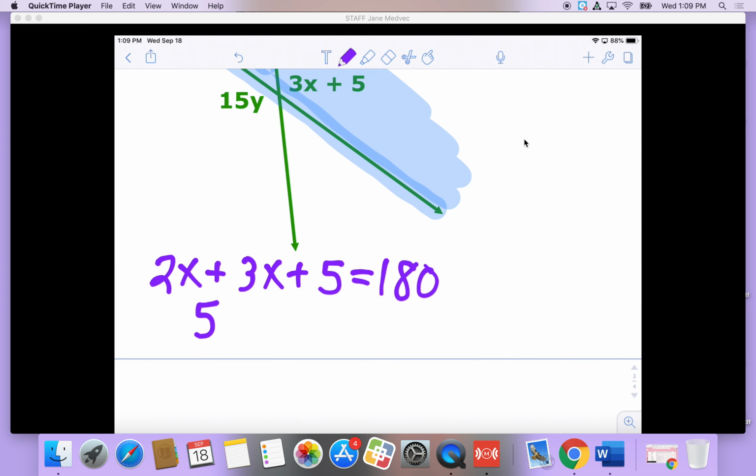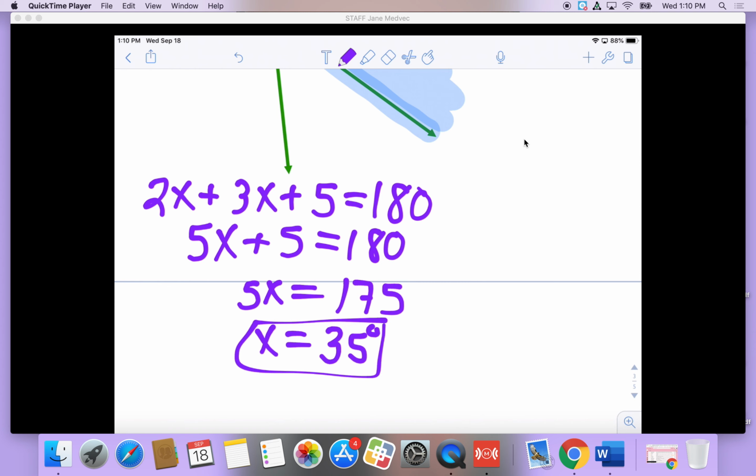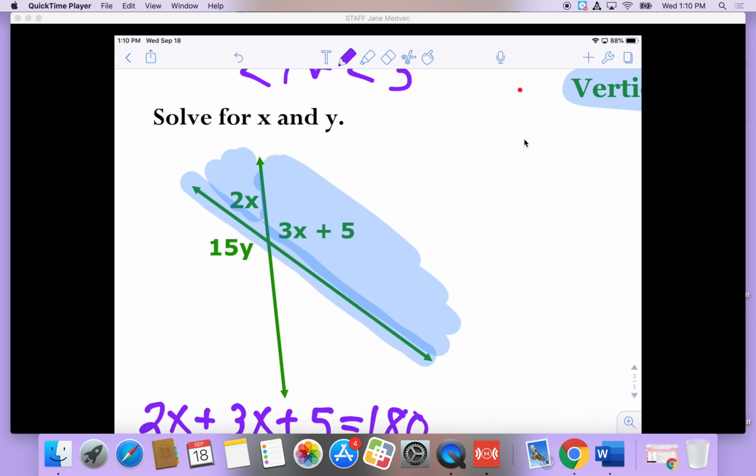So 5x plus 5 equals 180. And then I'm going to subtract. So 5x equals 175, and x gives me 35. So 35 degrees because it's an angle measure. So I can do that because those two angles are either a linear pair or they're supplementary.